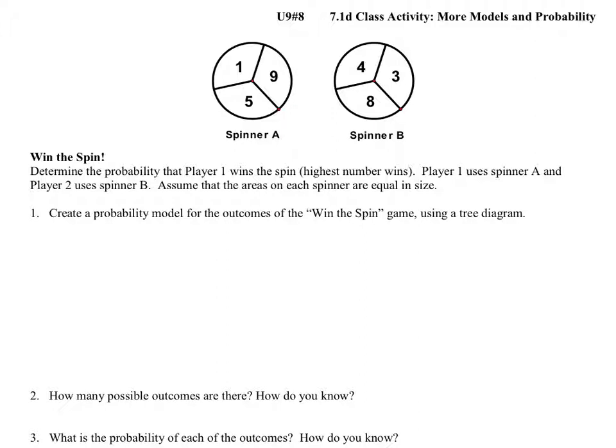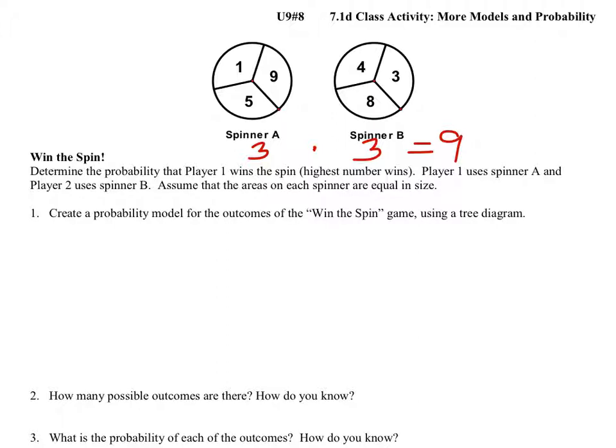How many outcomes do we expect? Looking at these, it's kind of like the compound probability stuff. Spinner A has 3 outcomes. Spinner B has 3 outcomes. So the total outcomes is 3 times 3, which is 9, which should be represented very accurately in the table.